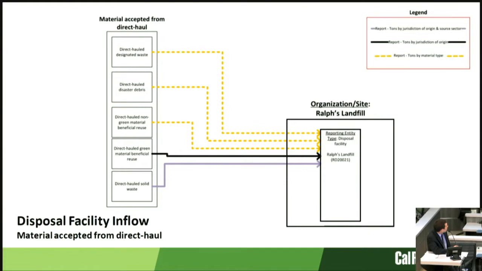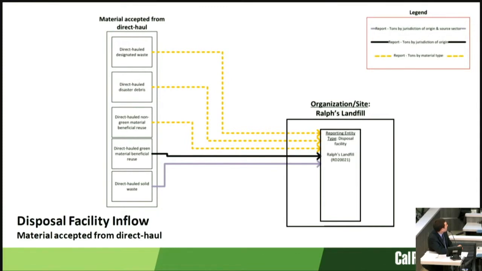So you basically just report the tons of each of those materials that you accepted for disposal over the course of the reporting period. For instance, 4,000 tons of designated waste and 5,000 tons of disaster debris I got from direct haul. That would essentially be what you would be responsible for reporting. You would report that information to the department quarterly for all the quarters for which you receive those streams of waste.